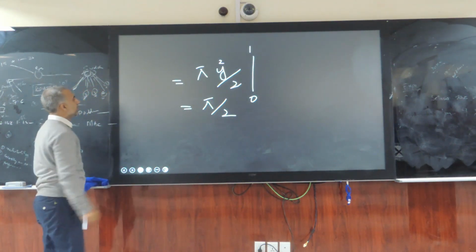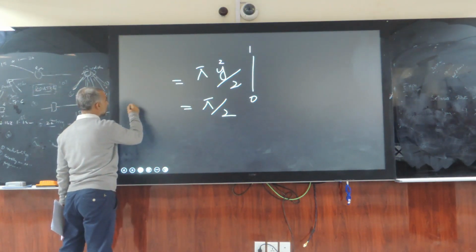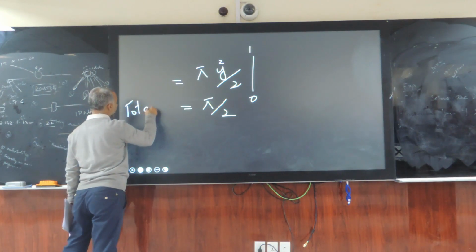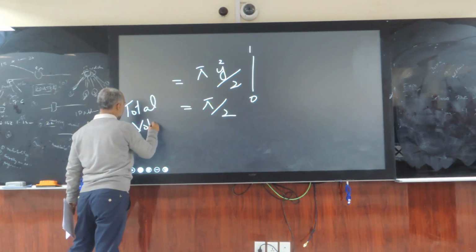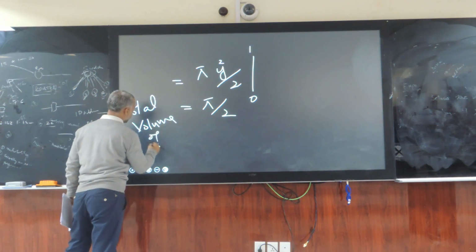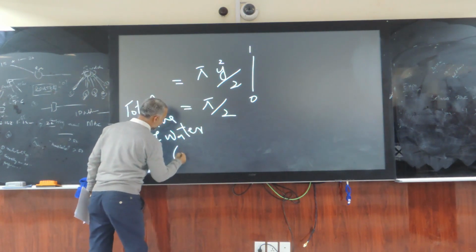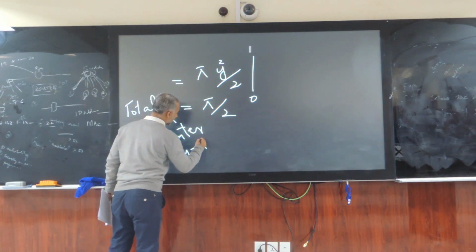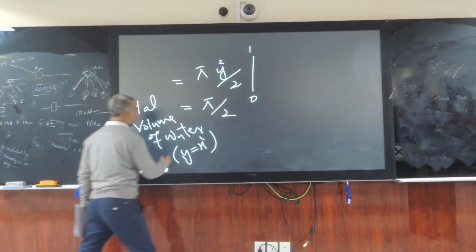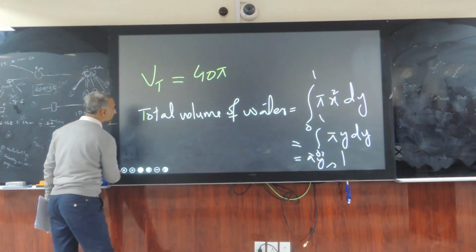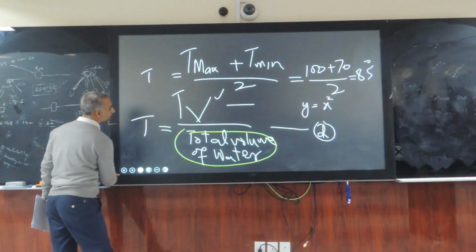This is the total volume of water in that parabolic bowl. So substitute it here in this formula.